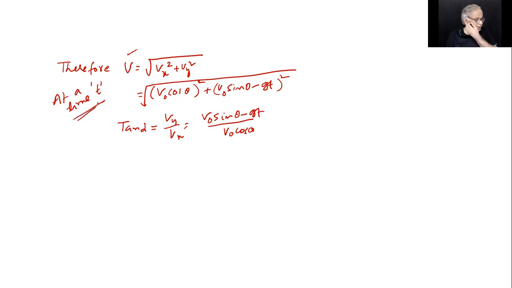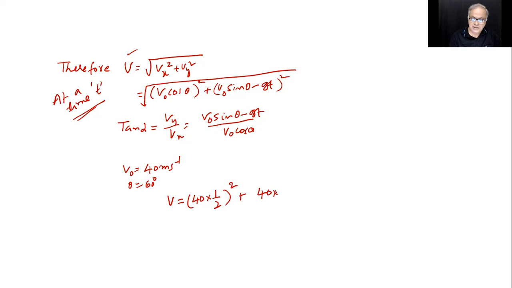If at all you want to understand it with an immediate numerical, say somebody projected a body with V0 equals some 40 meters per second and theta equals some 60 degrees initially. So what will be our V after some time? 40 cos 60 whole square plus 40 sin 60 minus 10 into some time t.